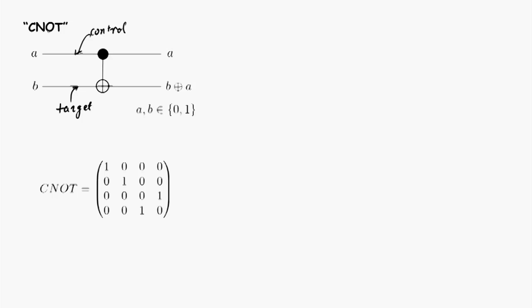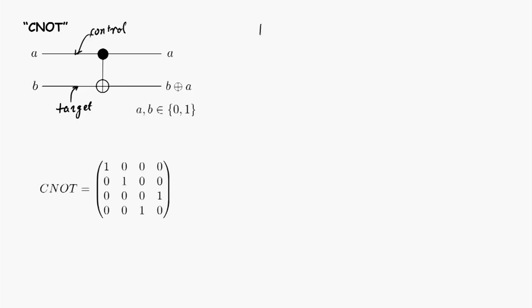So CNOT stands for controlled-NOT. And what does it do? Well, it's easiest to describe when the inputs are basis states. So A is 0 or 1, B is 0 or 1. What it does is it lets the control bit go through unchanged, and it flips the target bit, performs a NOT on it, if and only if the control bit is 1.